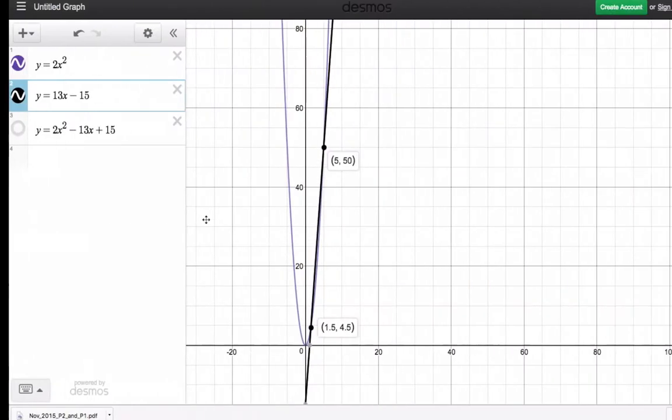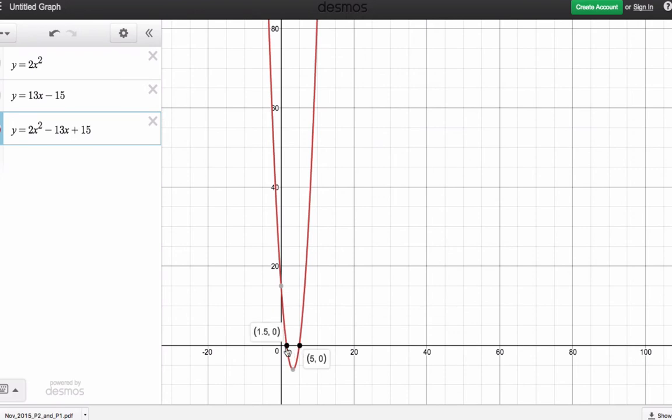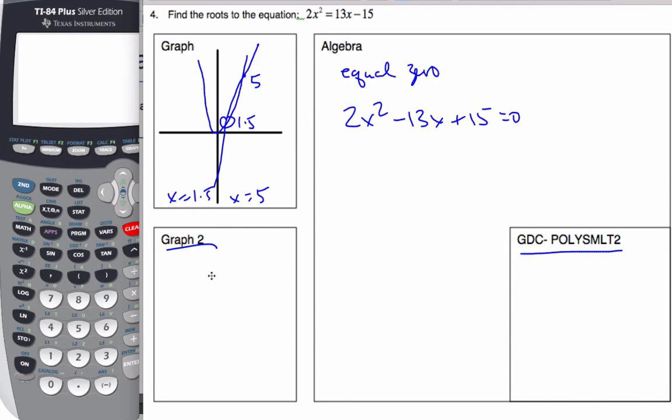And so when I graph that, if I turn these ones off, I graph it, the red graph, and I can see there are two x-intercepts, 1.5 and 5. This is 1.5, and this is 5. So x is equal to 1.5, and x is equal to 5.